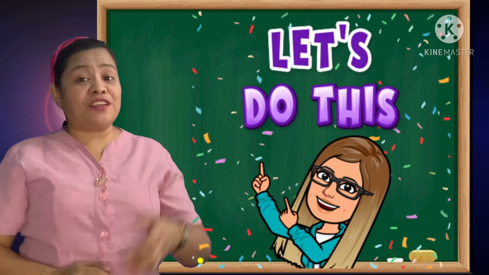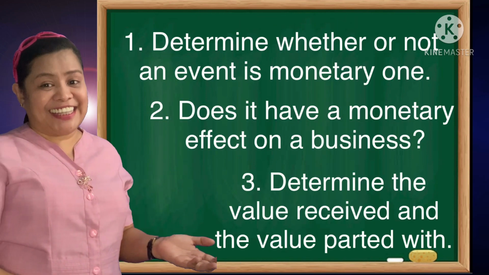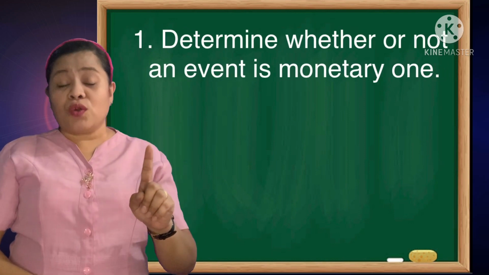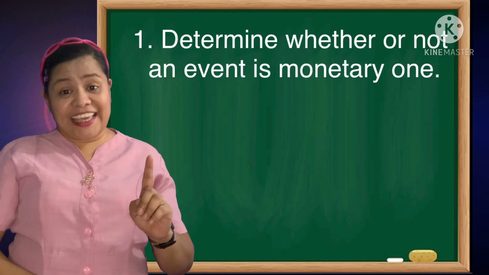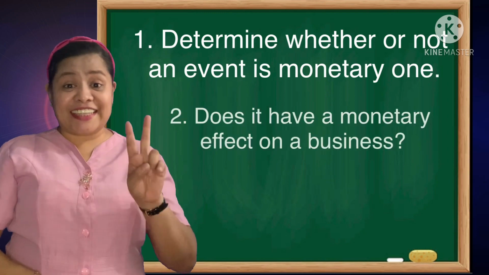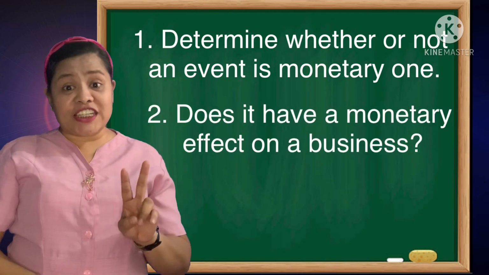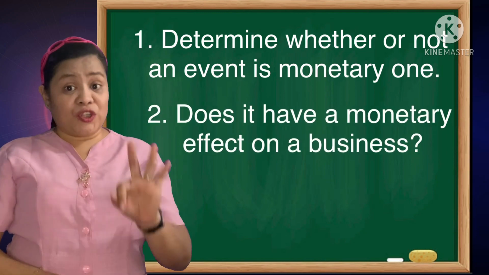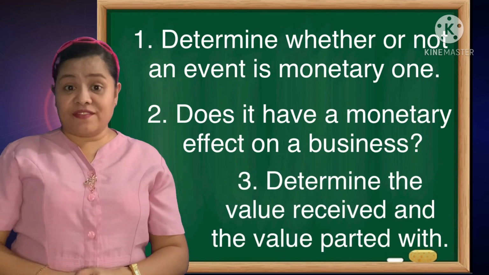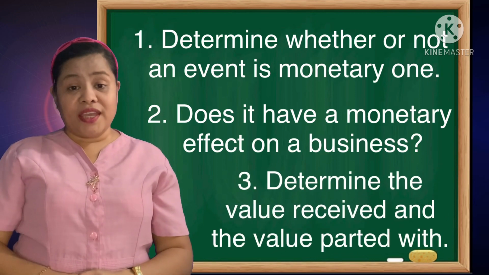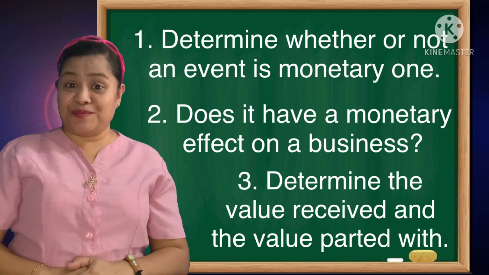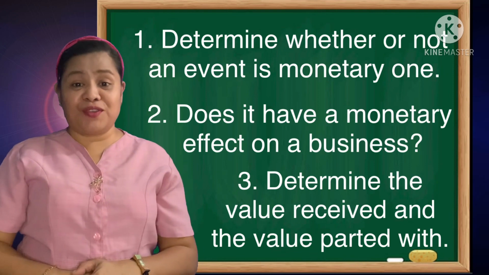We need to complete the following tasks in this activity. First, determine whether or not a case is a monetary one. Second, does it have a financial effect on a business? Third, determine the value received and the value parted with. The first three questions are predetermined. The rest is up to you to figure out.